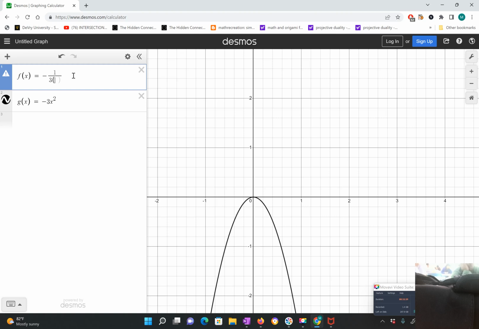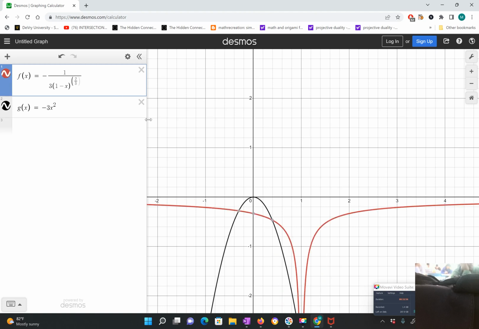I'm just looking through my notes real quick. There's something I wrote to myself. Oh yeah. So 1/3 times 1 minus x, and I'm raising that to the 2/3.